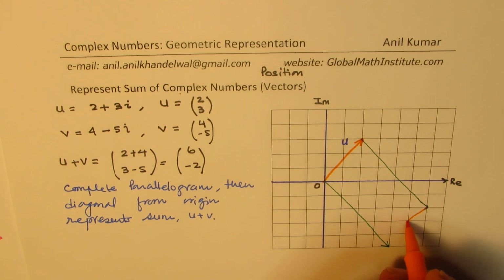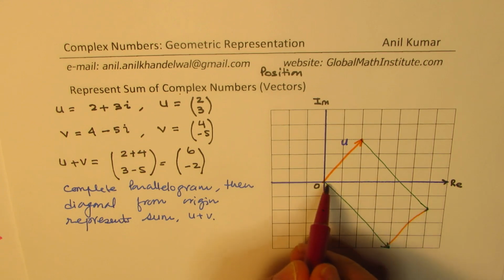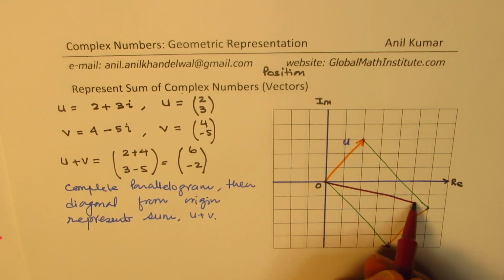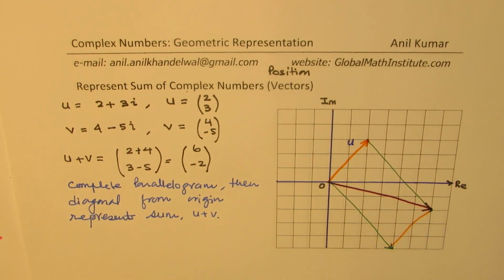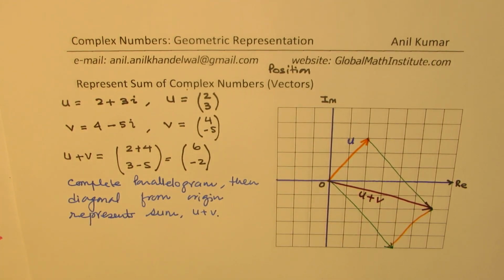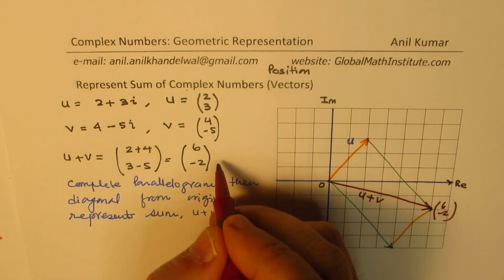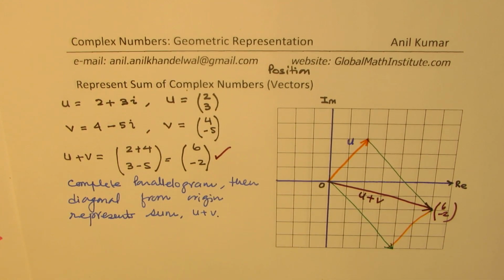We know the opposite sides are now parallel, and the diagonal from the origin of this parallelogram represents the sum u plus v. Is that clear to you? You can clearly see that the result here is 6, minus 2 as expected. Perfect. So that is how you add complex numbers using vectors.